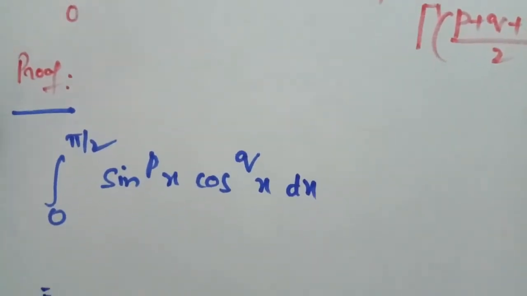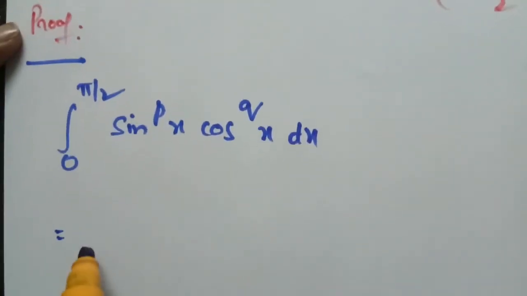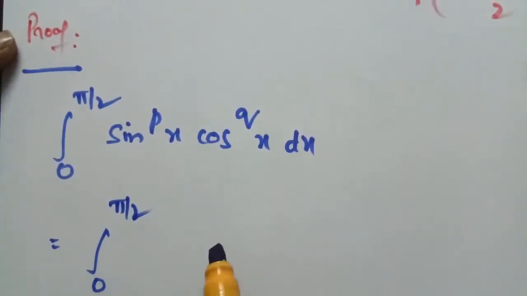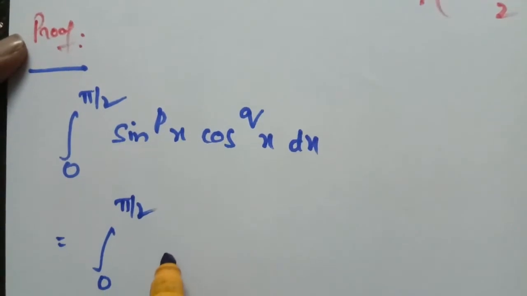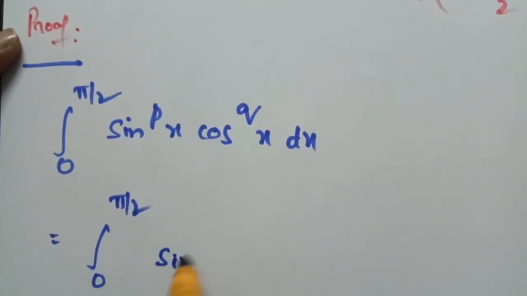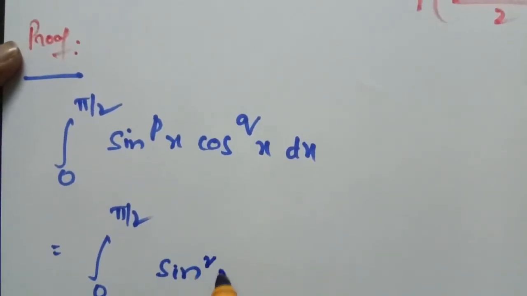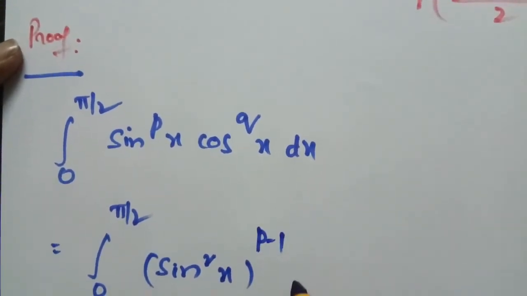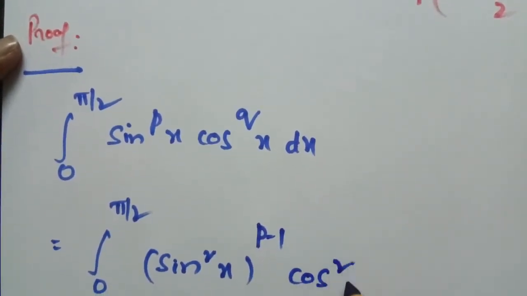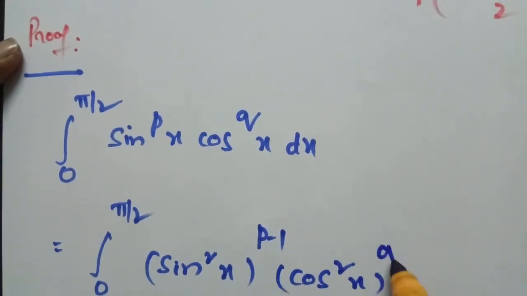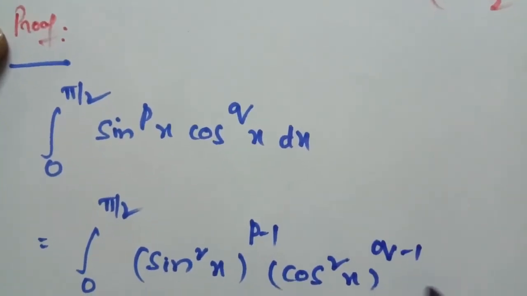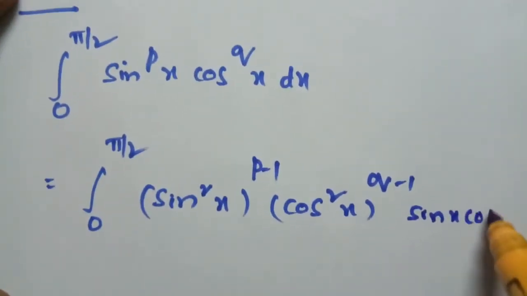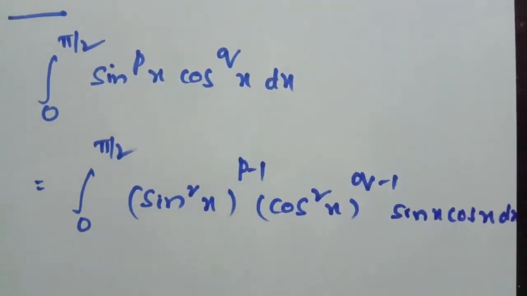Therefore, this can be written as integral 0 to pi by 2 of (sin square x) whole to the power of (p minus 1) by 2 into (cos square x) whole to the power of (q minus 1) by 2 into sin x into cos x dx.